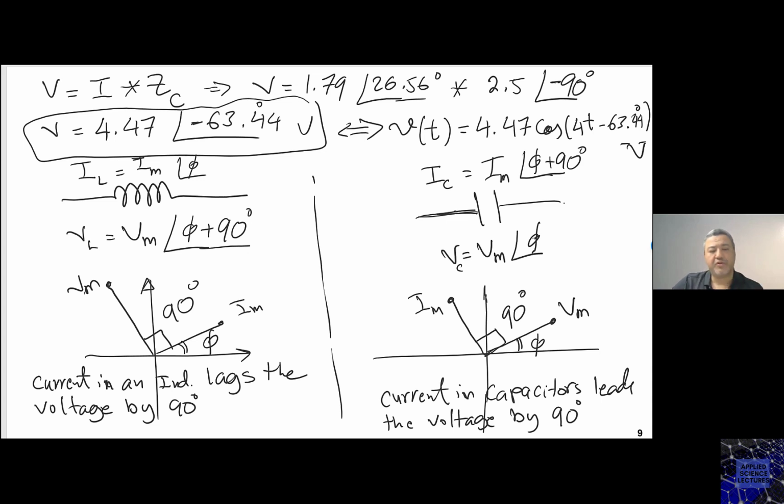Yeah, you should be able to do exactly what we have done. Basically, in AC steady state, you should be able to do all what you have done in DC steady state. Find the equivalent impedance, use the voltage division, use the current division.